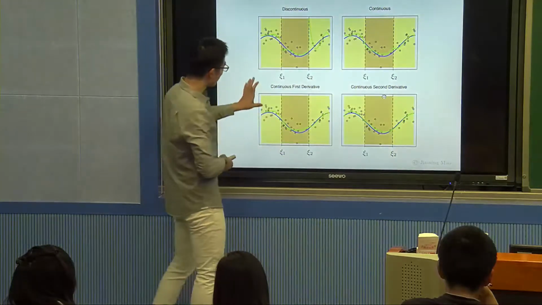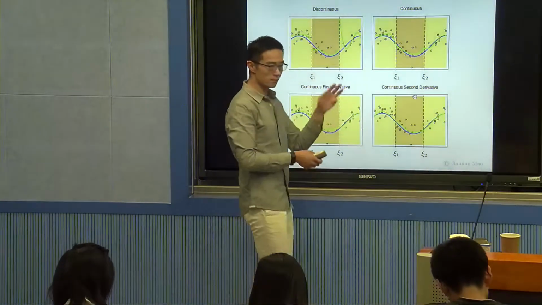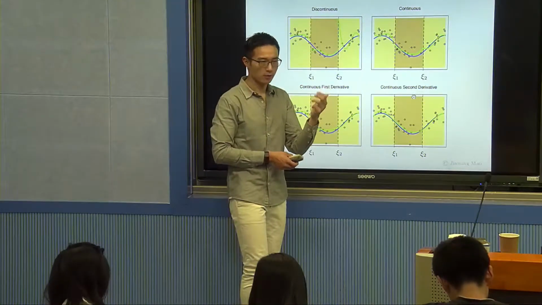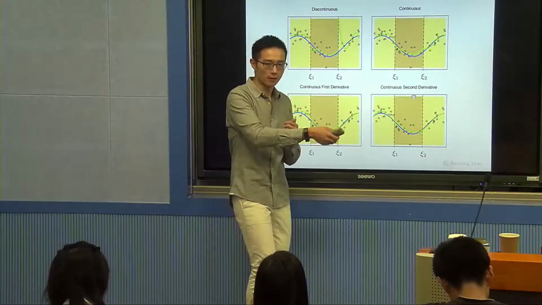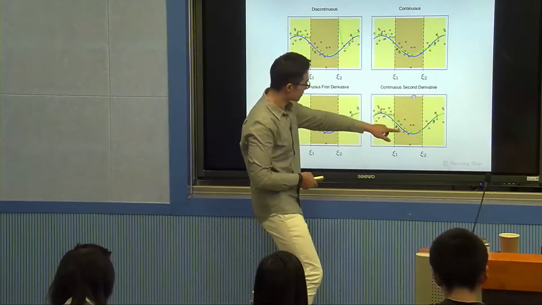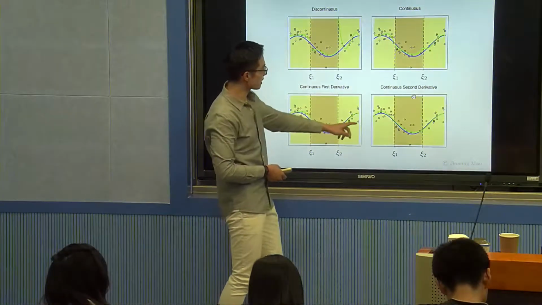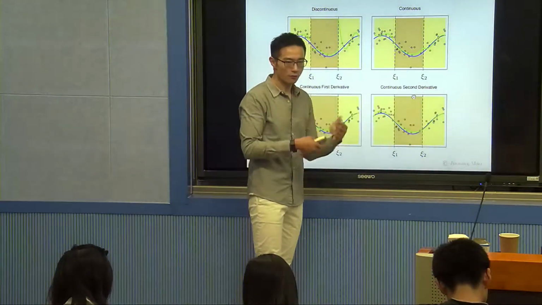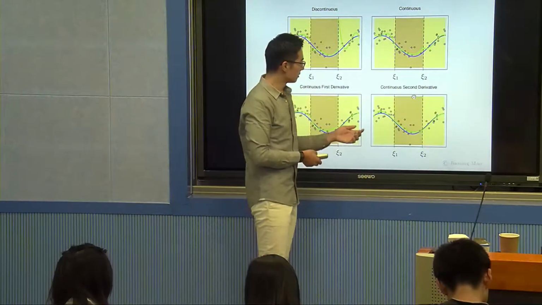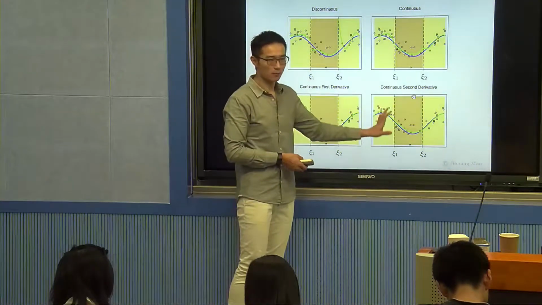So this is the first derivative being the same at a boundary. And because this is a 3rd degree polynomial, I can go to the second derivative. So here's the second derivative being the same. And if I impose this condition, then you can see the green curve, which is our final output, looks very continuous and smooth and looks pretty good.